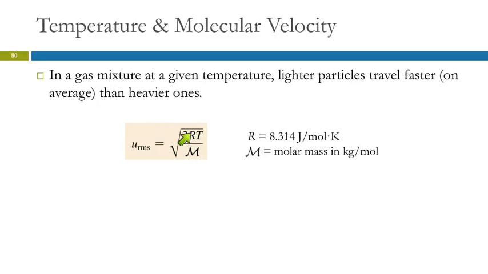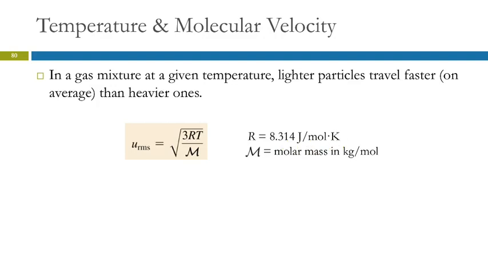What's all this in here? Well, 3 is just 3, so that's nice. R is the ideal gas constant. But here, because of the units on the other things, we're going to use the ideal gas constant with different units. We're going to use this value that's 8.314 joules per mole Kelvin.